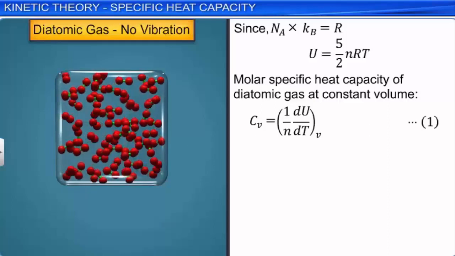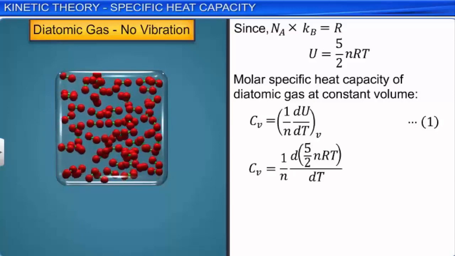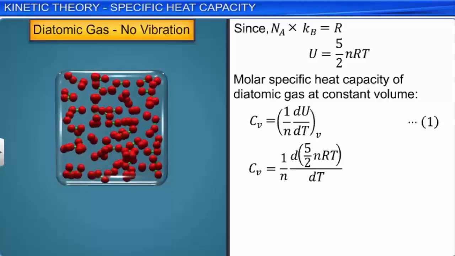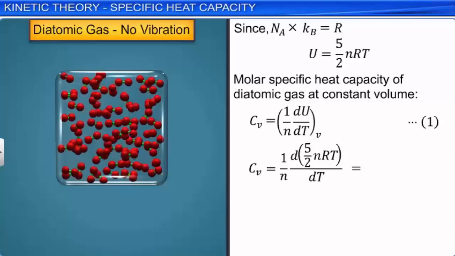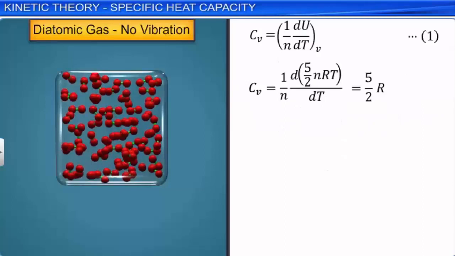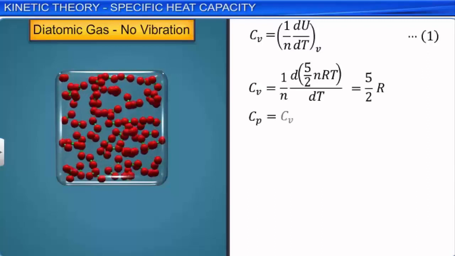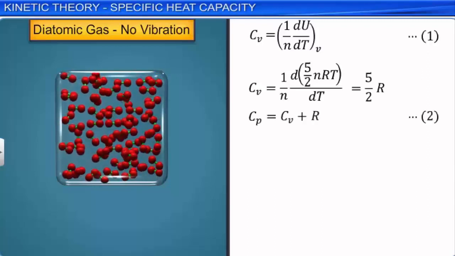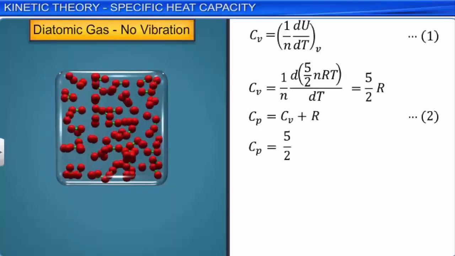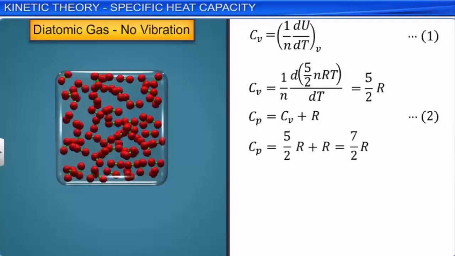By substituting the internal energy of a diatomic gas in the above equation, we get the specific heat capacity at a constant volume, Cv, is equal to 5 by 2 R. From equation 2, we get Cp is equal to Cv plus R. Thus, Cp is equal to 5 by 2 R plus R, which is equal to 7 by 2 R. Gamma is equal to Cp by Cv.